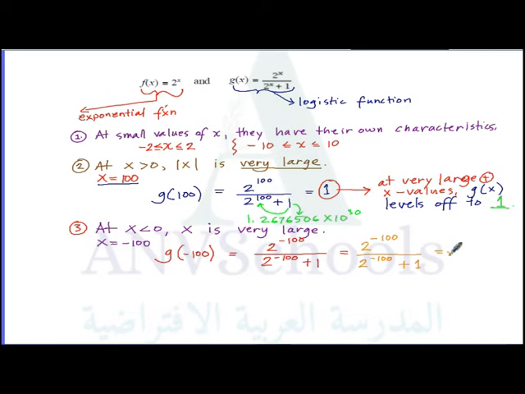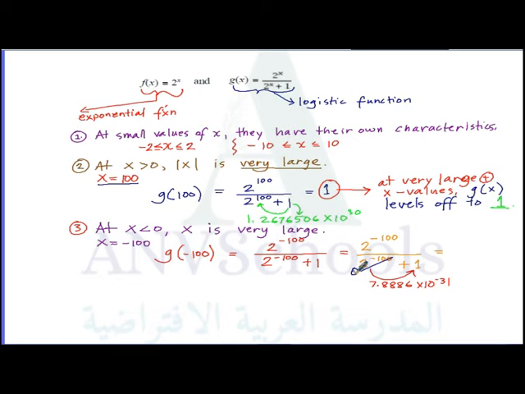But again, compare this number here. 2 raised to negative 100 is actually 7.8886 times 10 to the negative 31. Now compared to 1, this value here is very negligible, such that it's taken to be 0.